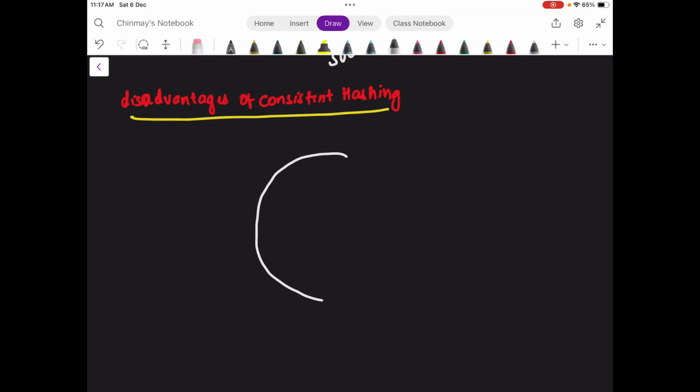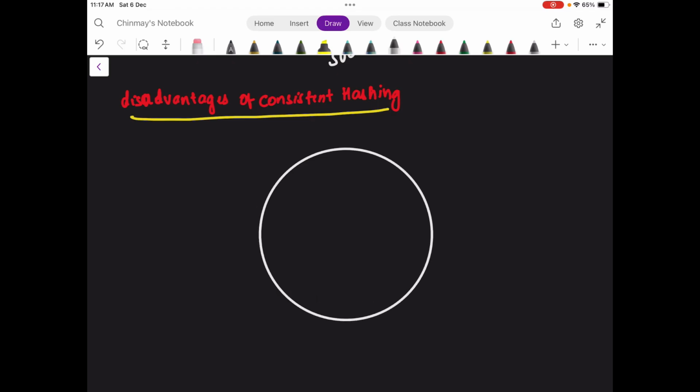Let's take the ring, and nodes distributed as in the earlier example at 300, at 600, and at 900 in the ring.